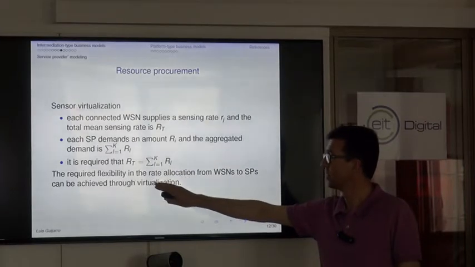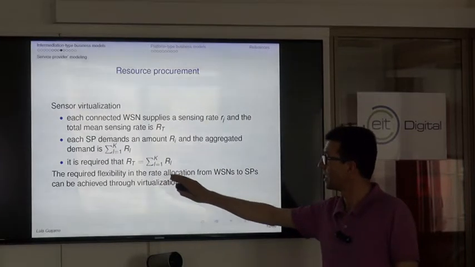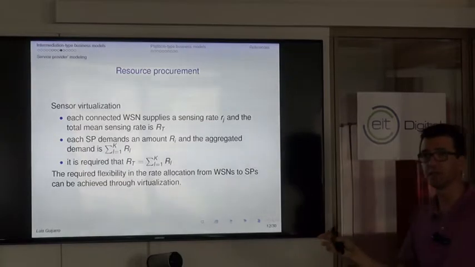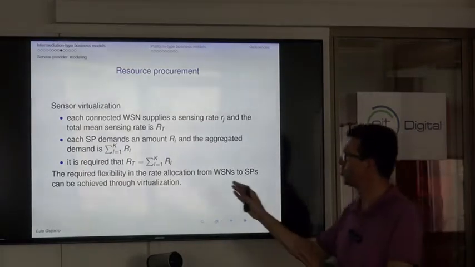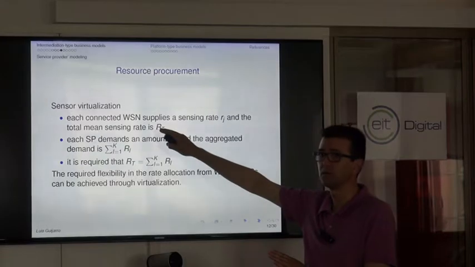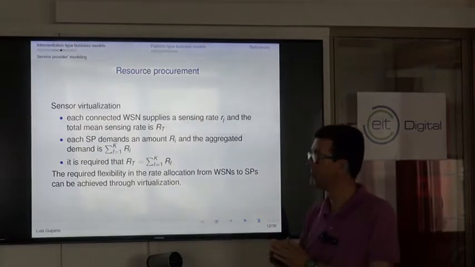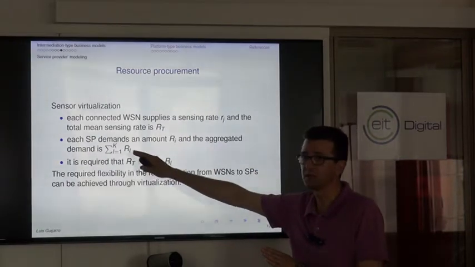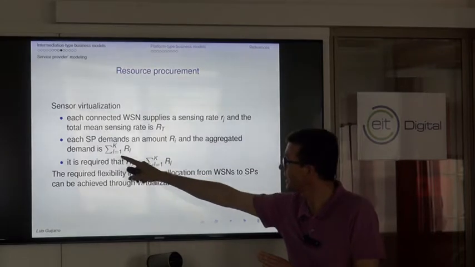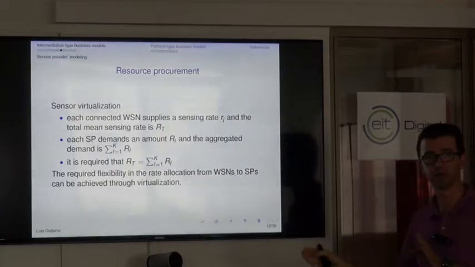However, a large amount of flexibility is needed in order to distribute this sensing rate in the specific quantities Rl to the different service providers.